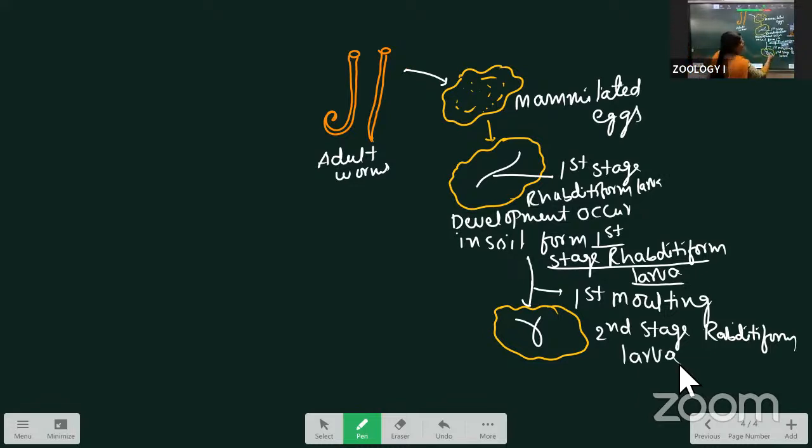This larva attacks the new host by contamination. Here, attack new host by contamination.